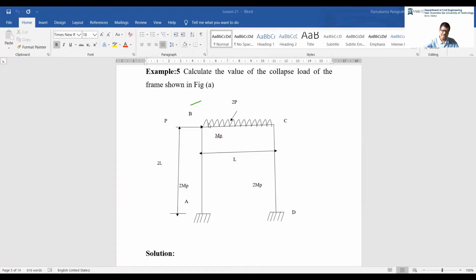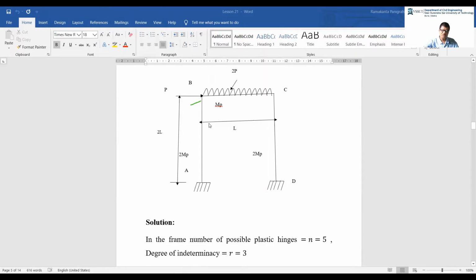Like the other problems, here also the number of reactions at each support will be 3, so 6 in total, and if we take 3 equilibrium equations, the number of static indeterminacy will be 6 minus 3 is equal to 3. That is, the static indeterminacy R is equal to 3.